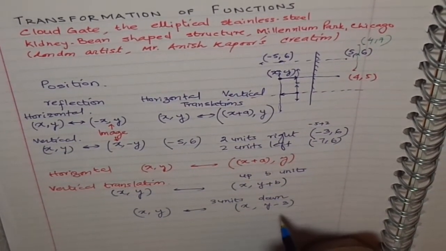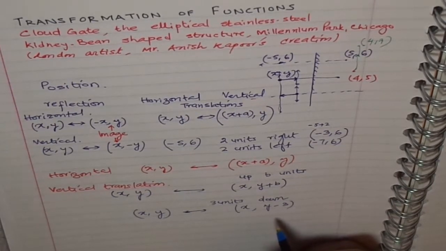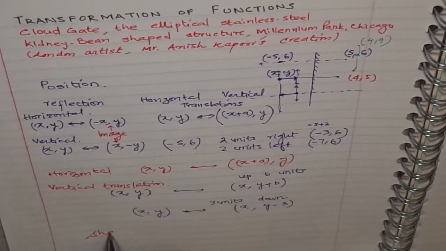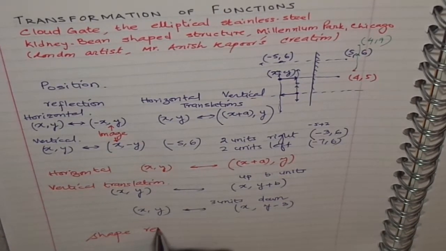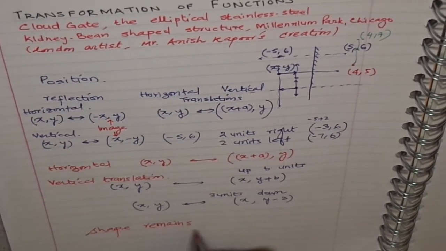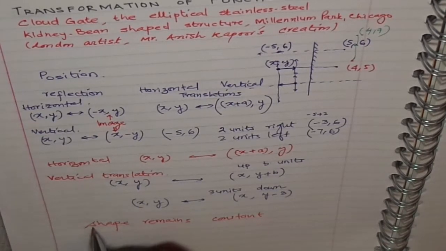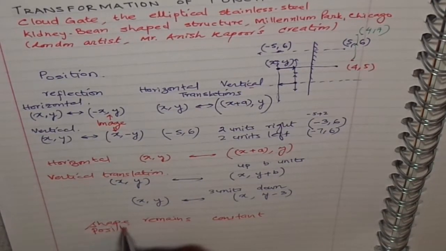So basically, we saw a few cases of translation, and in all these cases, we saw that the shape remains constant, but the position changes.